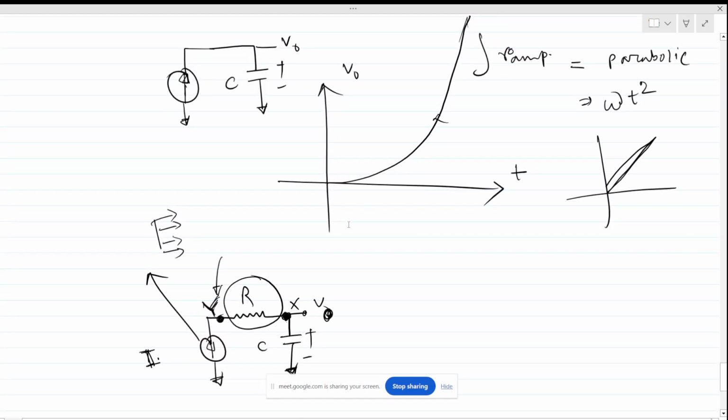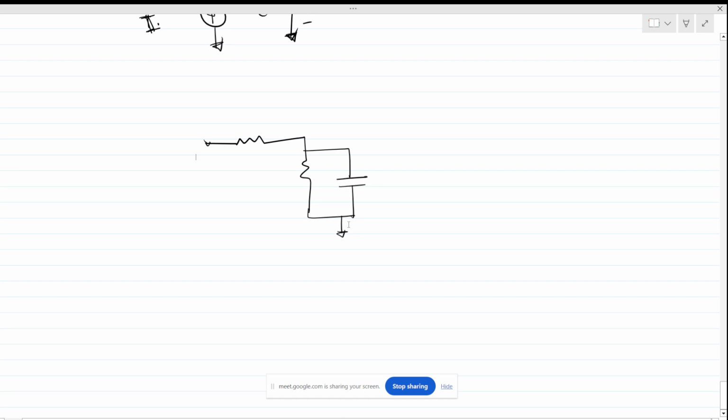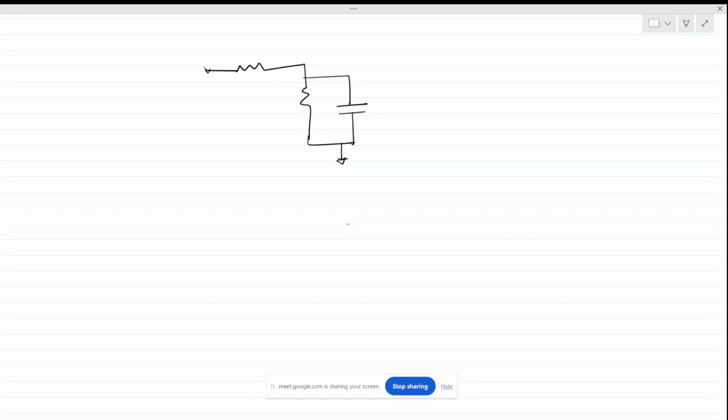So now we are going to give a current source. There is this case with I, R and C, and we have to plot this V out.